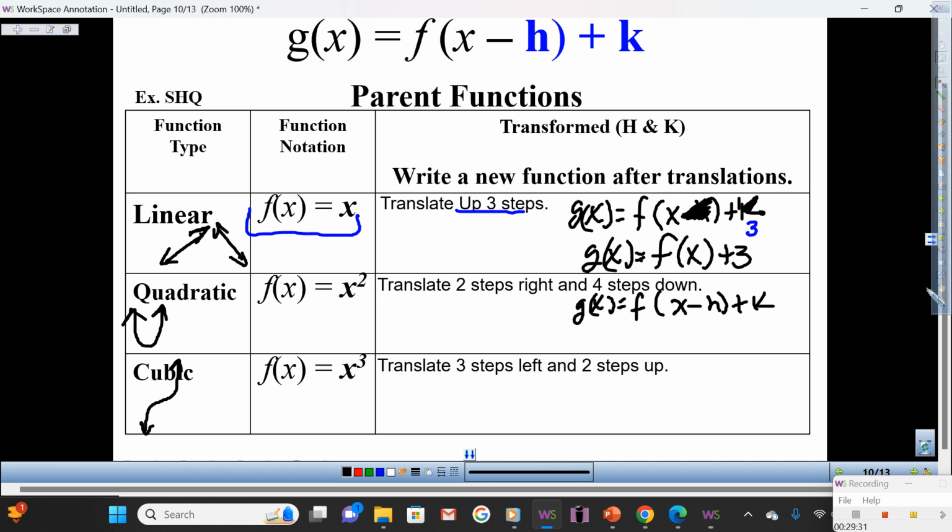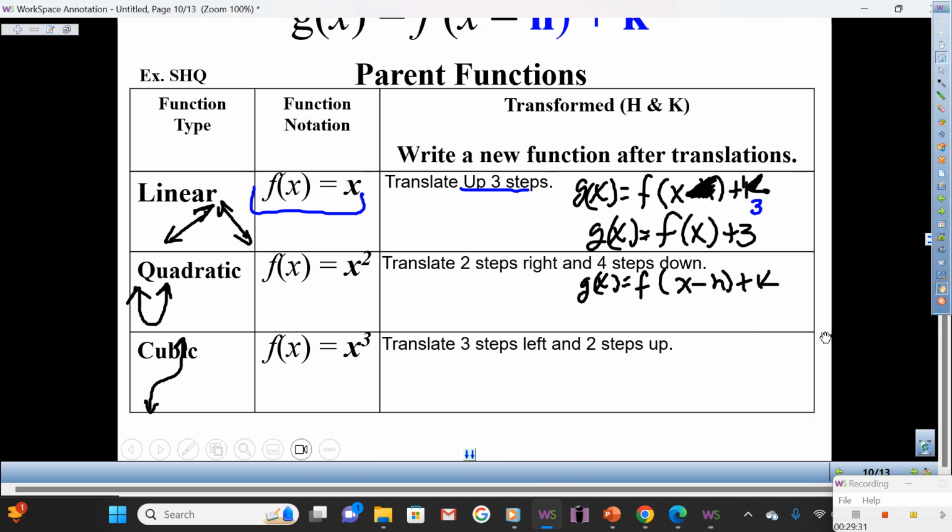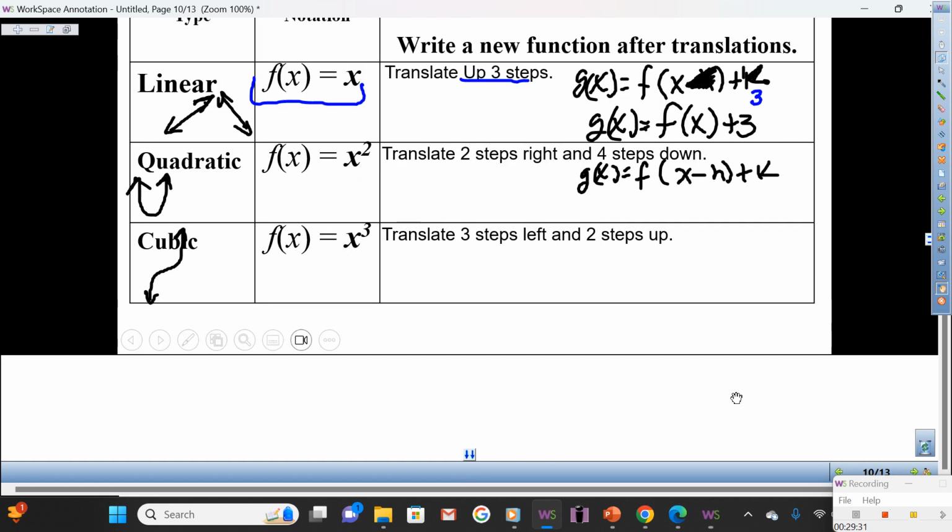Tell your neighbor what goes where. All right, share with your neighbor, and then Miroslava is going to enlighten us. 2 steps to the right, 4 steps down. What goes where?